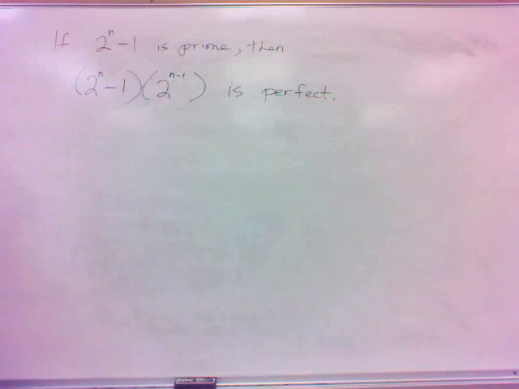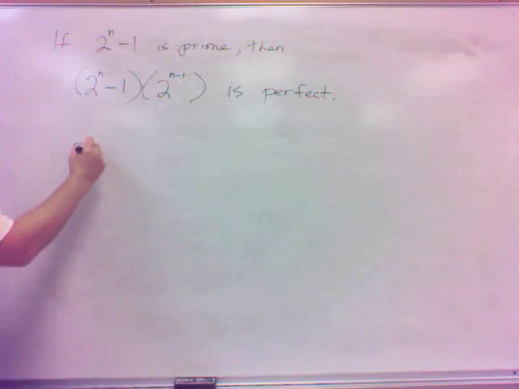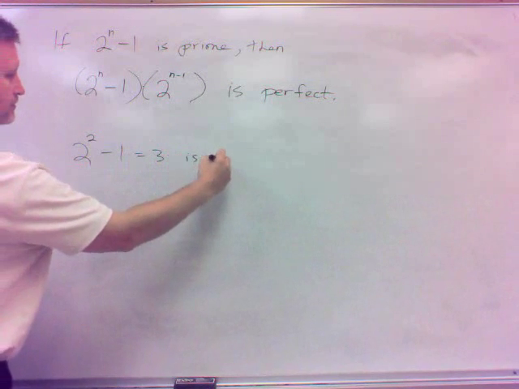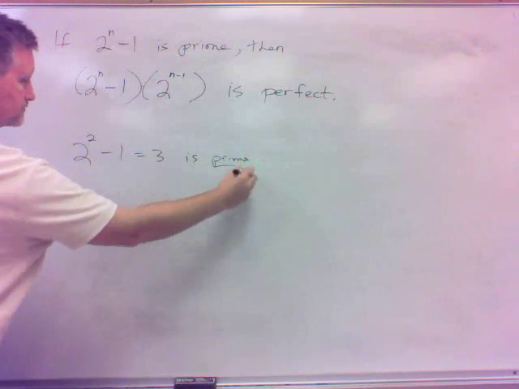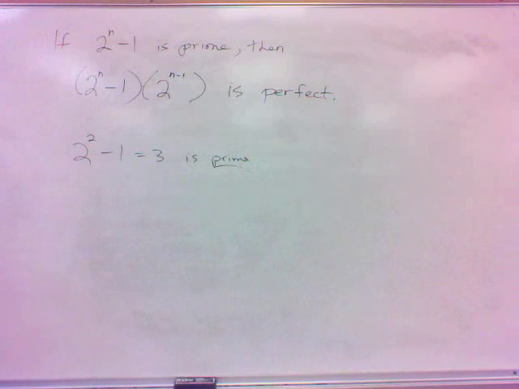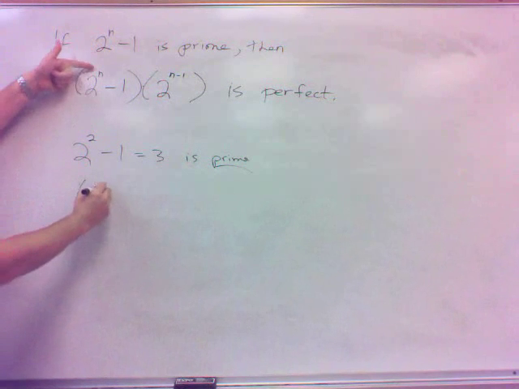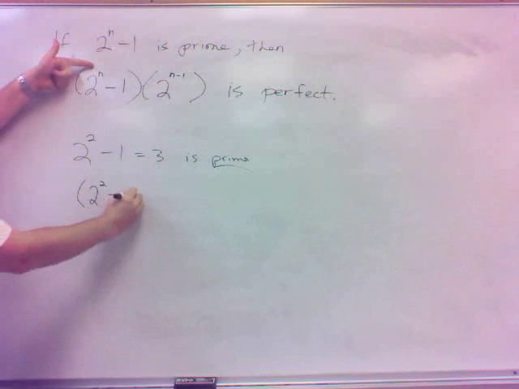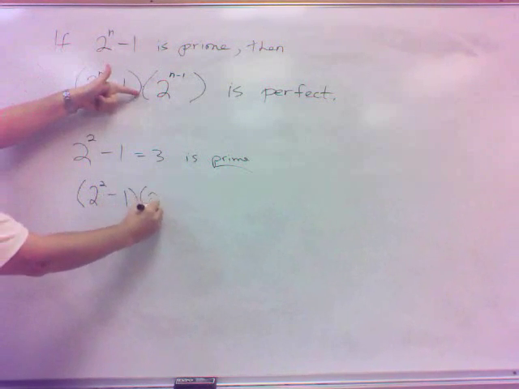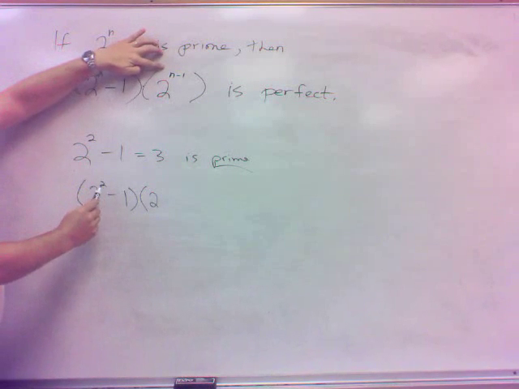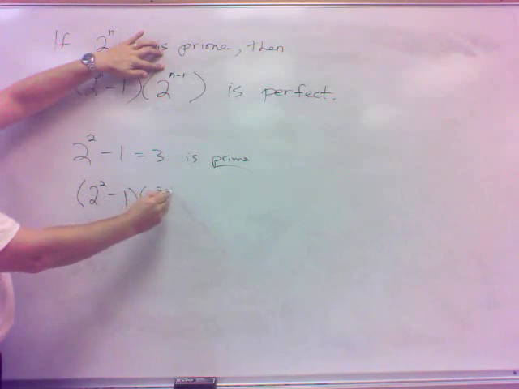Okay, so let me show you. We know 2 to the second minus 1, that's prime, right? That's 3. So by this, I would take 2 to the n minus 1 times 2 to the n minus 1, and of course, the n here is 2, right? So this would be 2 minus 1.